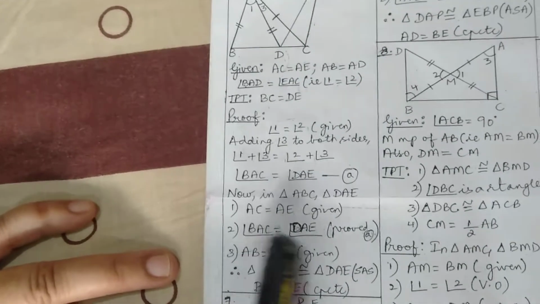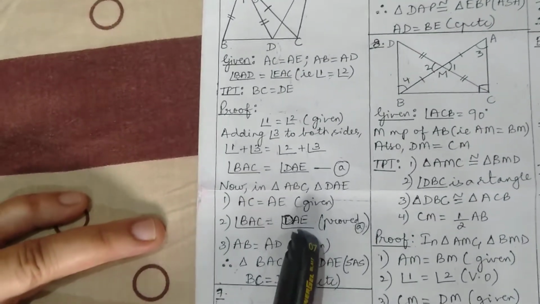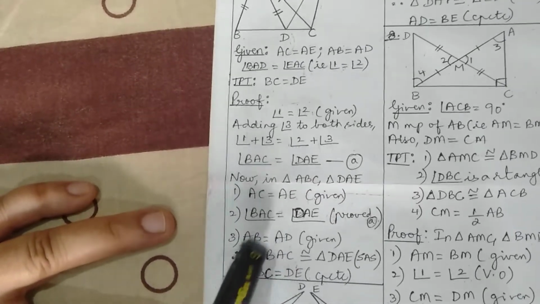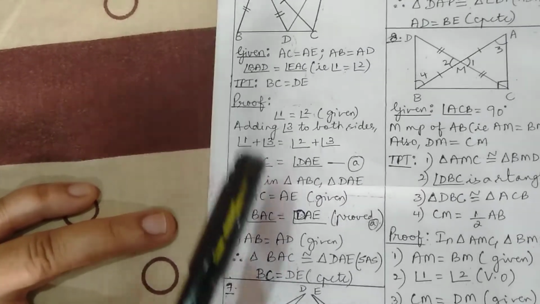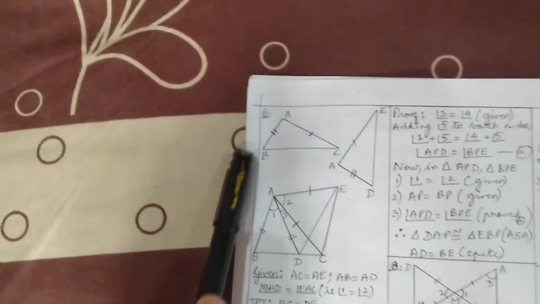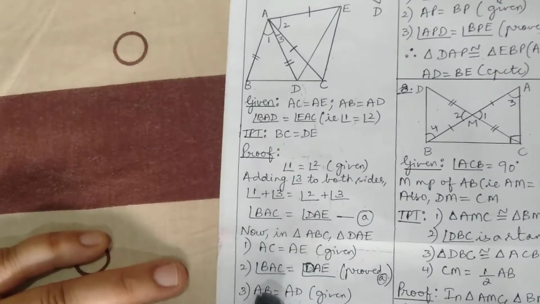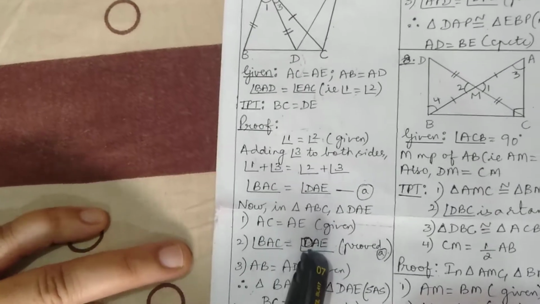And are these angles the included angles? Let's check that. Do AC and AB contain this angle? Yes, the sides AB and AC contain this angle BAC. So BAC is the angle included by these two sides. What about angle DAE?